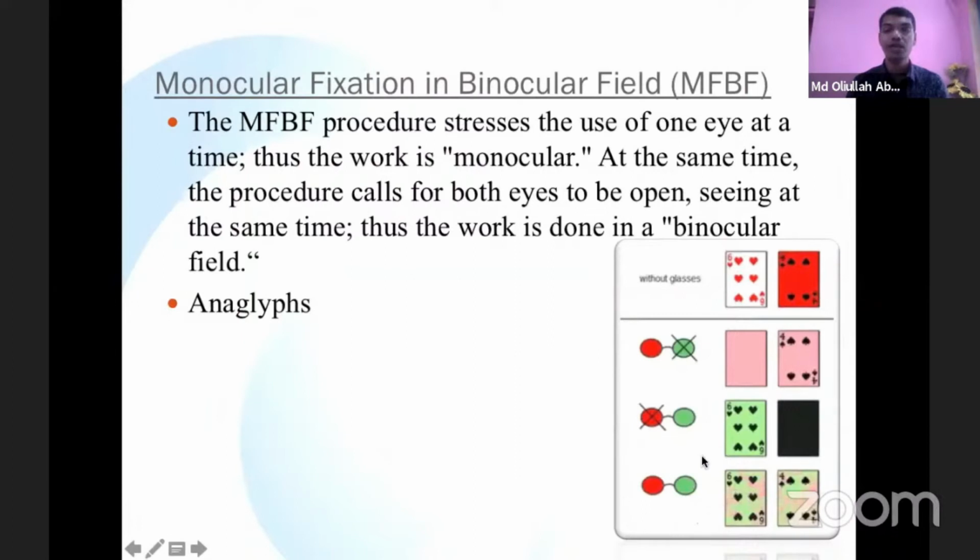Now, if both eyes are open, the patient starts seeing both of the cards. The patient virtually does not know which eye is being used, but the brain knows that it has started using both stimuli, both eyes' components. So this is one of the easiest environments, and you can recreate this for any task that the child does in their day-to-day activities.